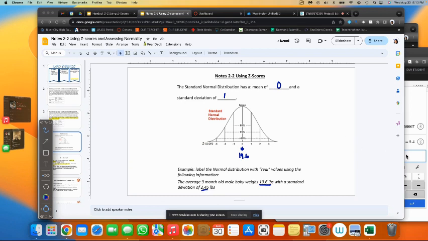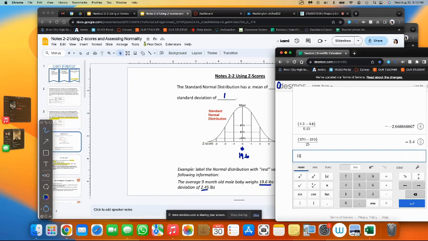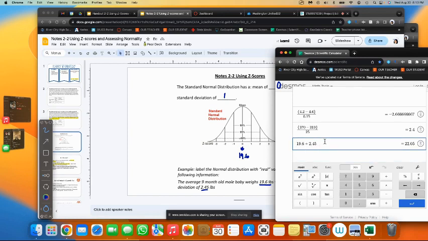So I'm going to go to my calculator here. 19.6 plus 2.45 would give me the weight 1 standard deviation above. And we can just keep adding 2.45. That's going to give me 2 standard deviations, which would be 24.5.